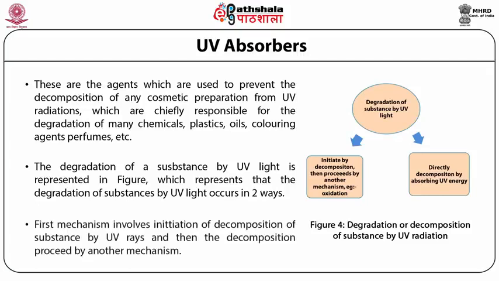The first mechanism involves initiation of decomposition of the substance by UV rays, and then the decomposition proceeds by another mechanism which involves direct decomposition of the substance by absorbing UV light.